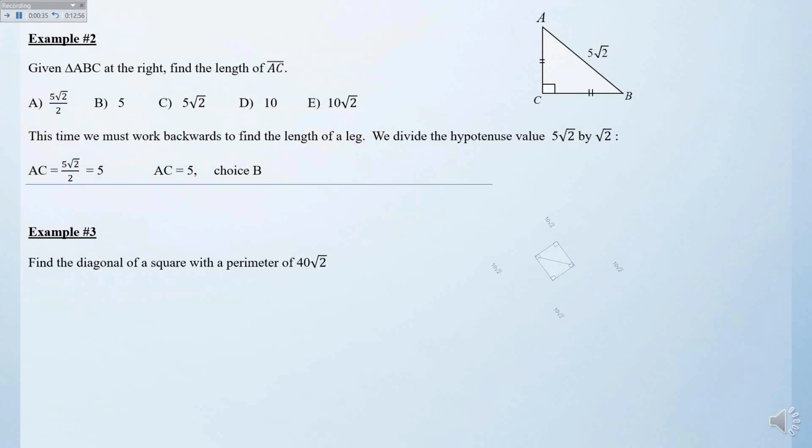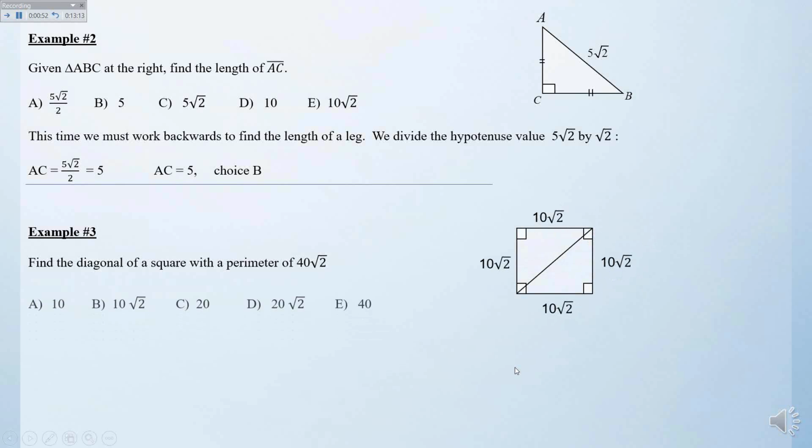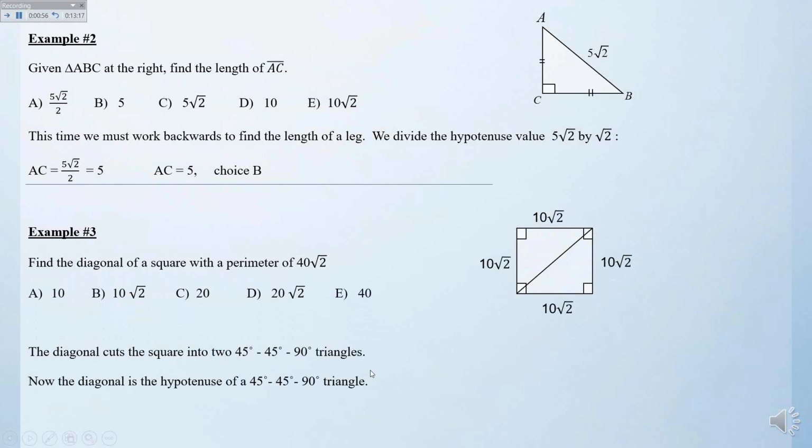Here's another one. We have a square, and the perimeter of it was 40 root 2. And so that means that each side was 10 root 2. Remember your formula is x, x, x root 2. So if I have to do this, then let's see if I can find the math here for you.